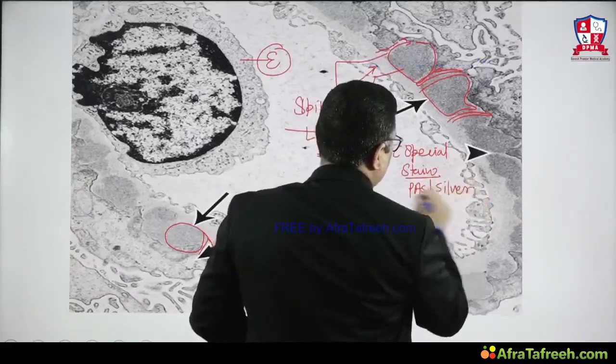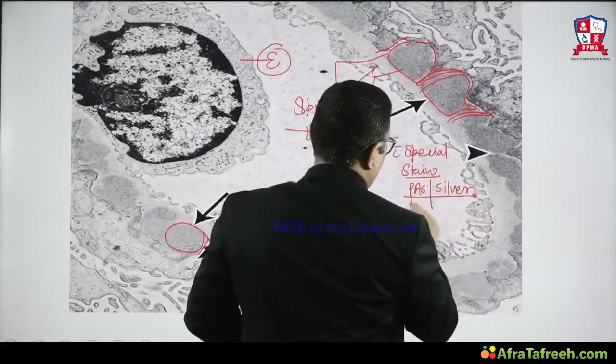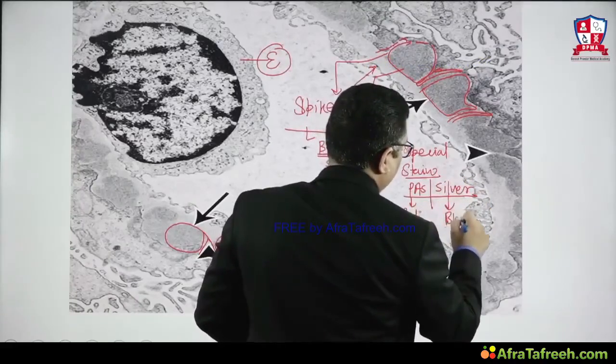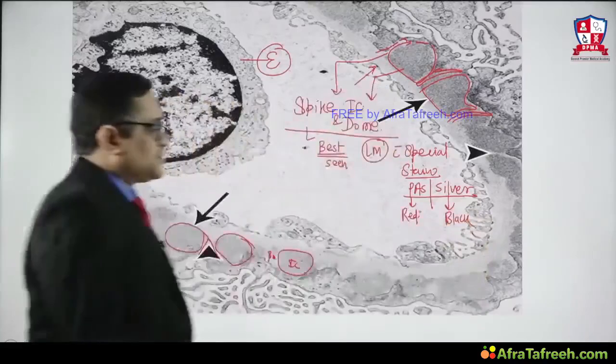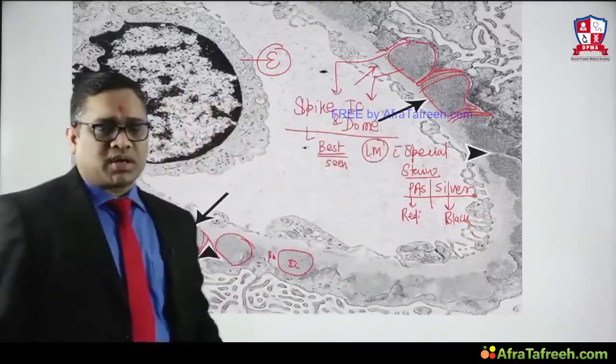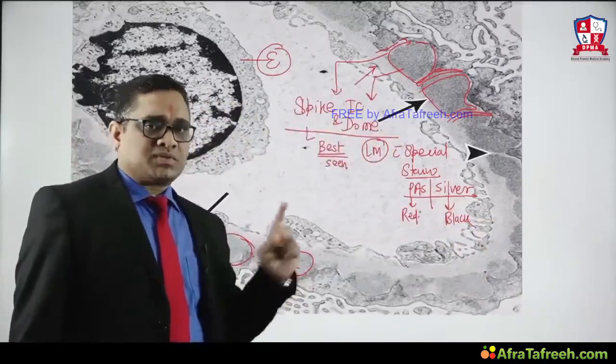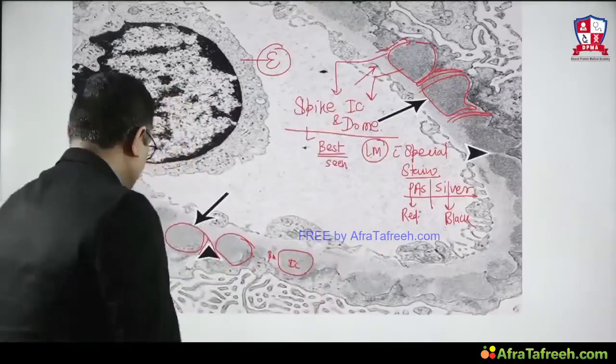PAS stain will show a red basement membrane, silver will show a black basement membrane. So that is another important point we need to understand. Spike and dome is best seen by light microscopy with special stain called silver stain or PAS stain, right?